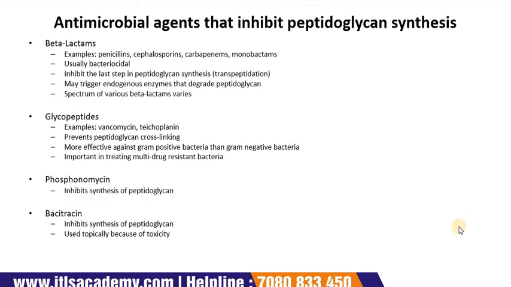Now I am talking about another mode of action of the antimicrobial agent, which inhibits the peptidoglycan synthesis. First antibiotic is your beta-lactam. The most common examples of this are your penicillin, cephalosporin, carbapenems, monobactams.